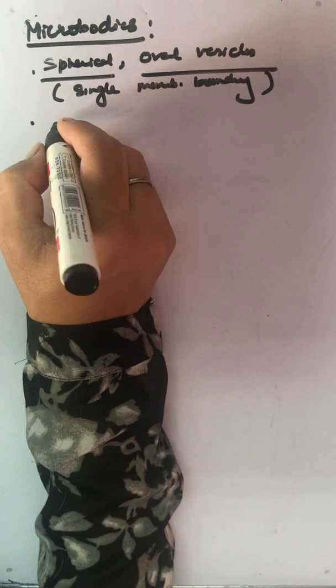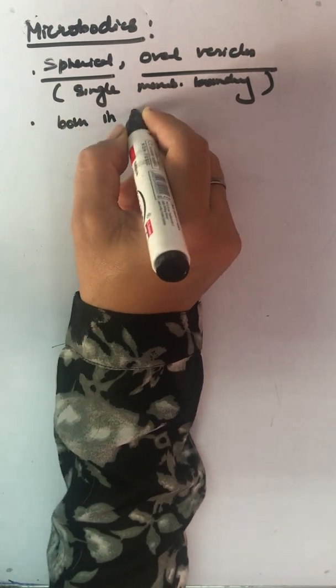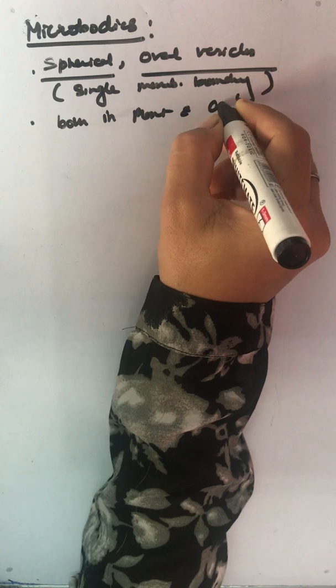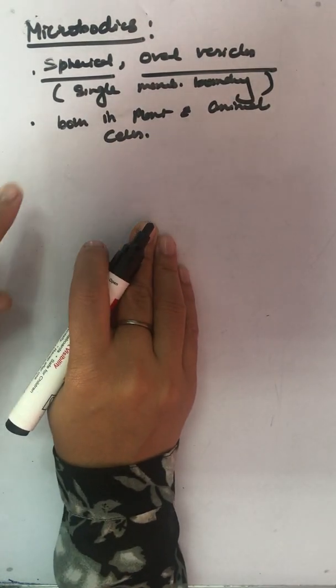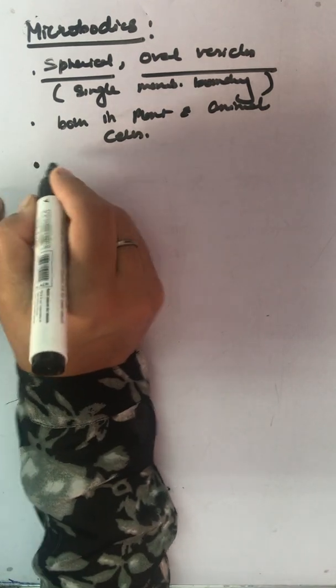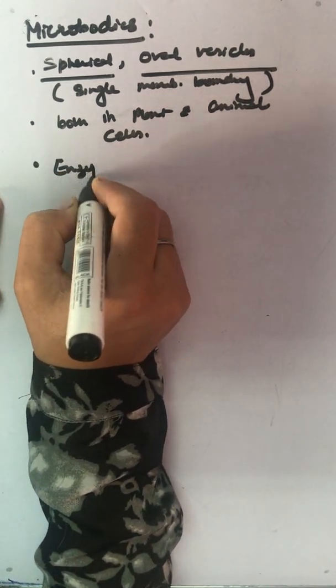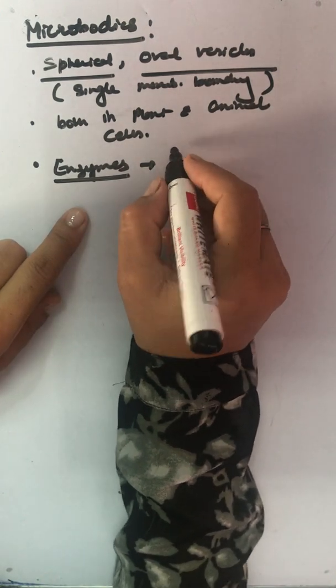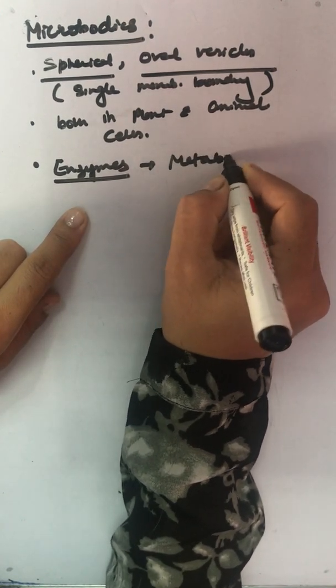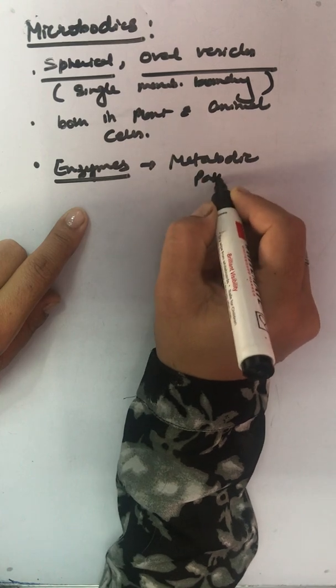Where do they occur? They occur both in plant and animal cells. Both in plant and animal cells. And what do they contain? Variety of enzymes. Why? Because these are responsible for carrying various metabolic pathways.